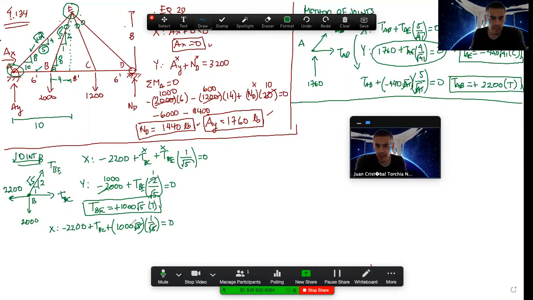Therefore, I have a plus 1000 with a minus 2200, so it's going to have a minus 1200. That's going to be a plus if I put it over here. So TBC is equal to plus 1200, and this thing should be tension.